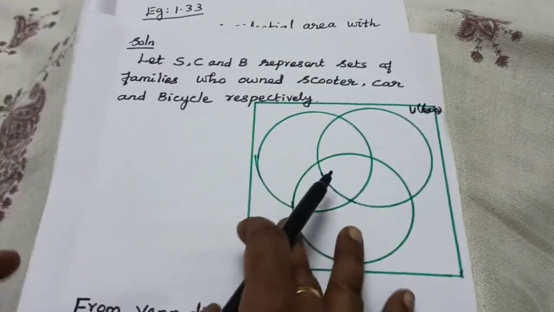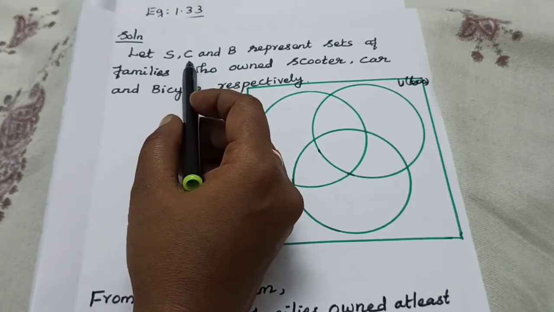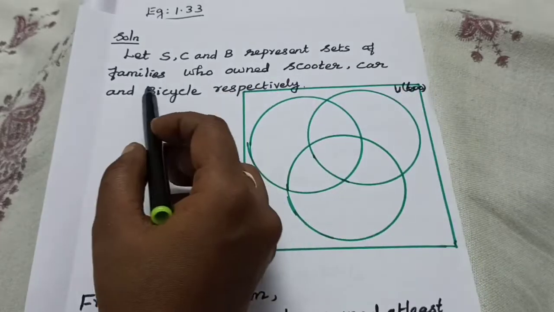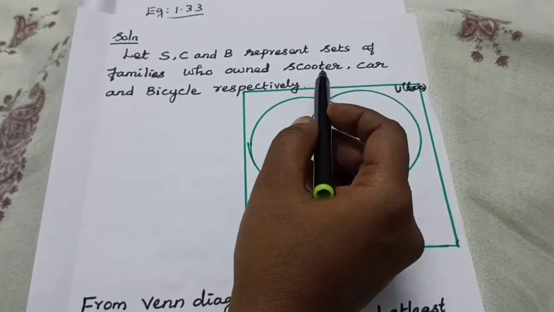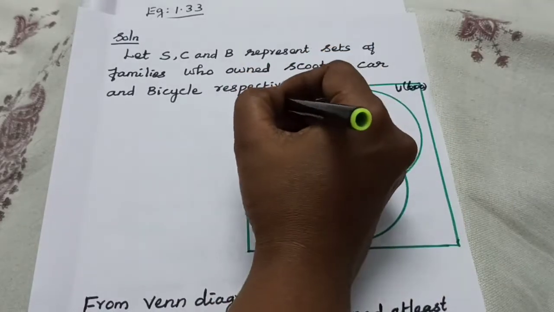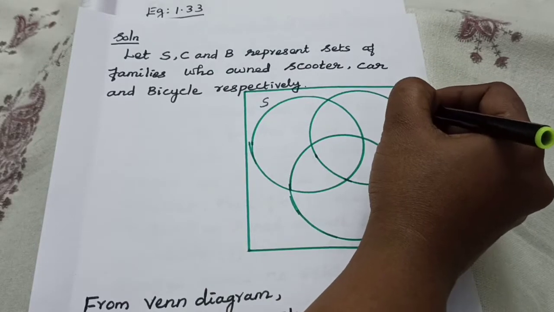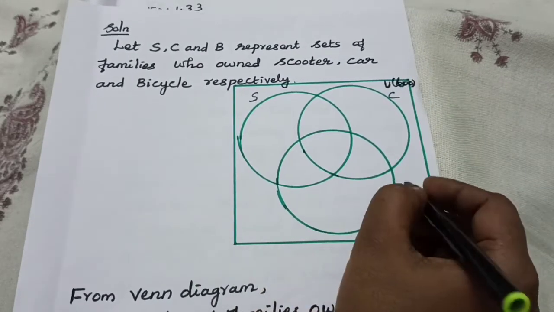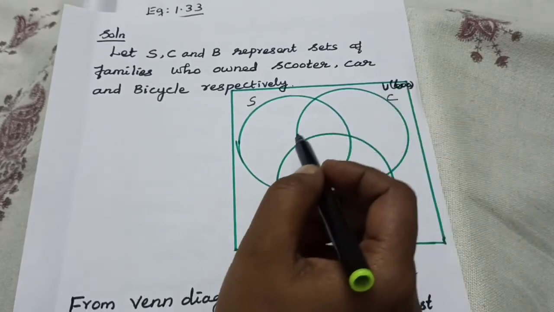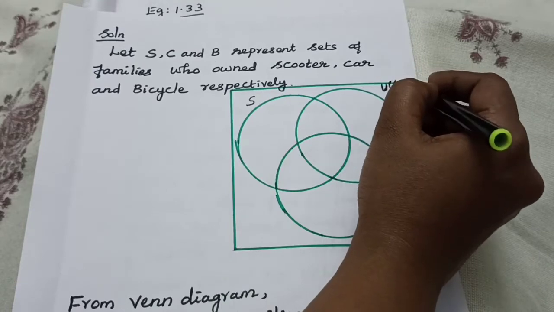Okay, so first, solution: let S mean scooter, C car, and B bicycle, represent the sets of all families who want scooter, car and bicycle respectively. Then here total number of families 600 is given, so we write this is the universal set.